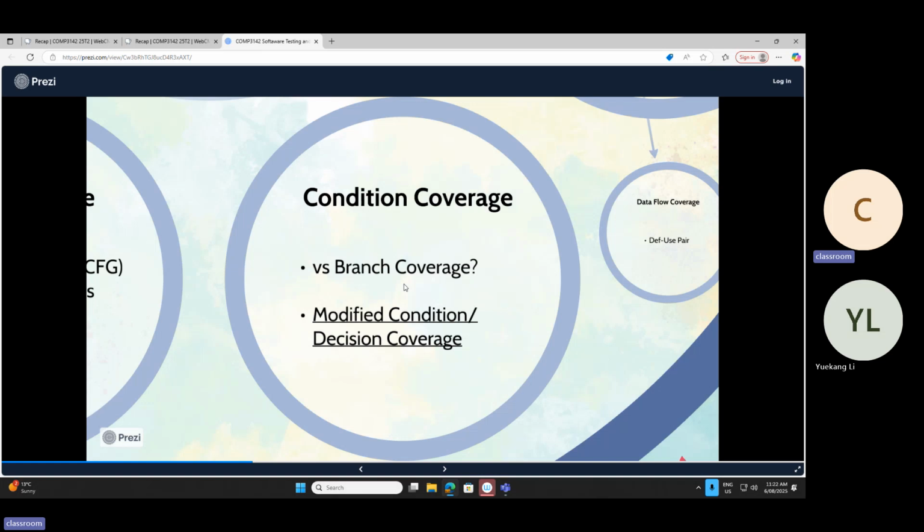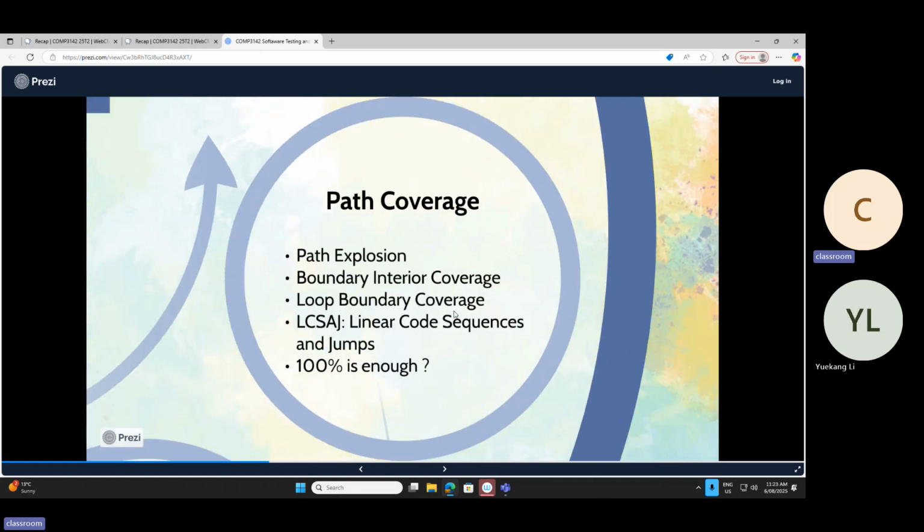And we also learned MCDC coverage, which is used by some government agencies in the US, and actually by NASA. MCDC is basically to check the coverage of all the conditions. So that's about condition coverage.